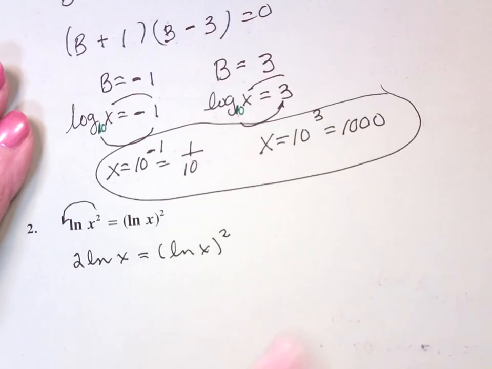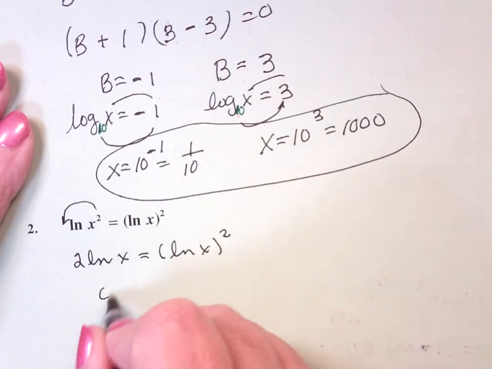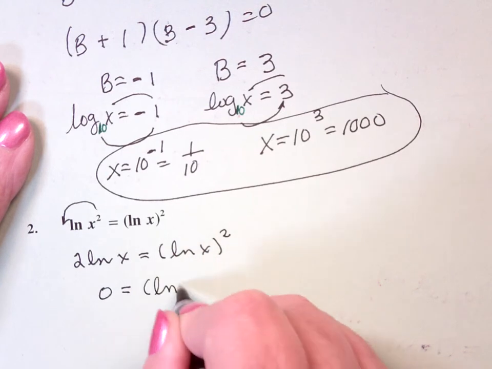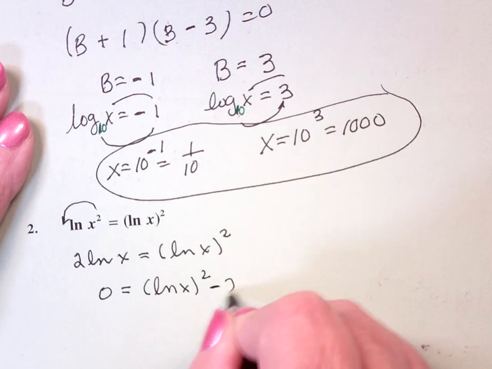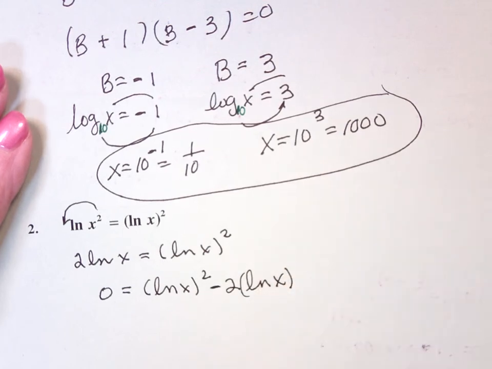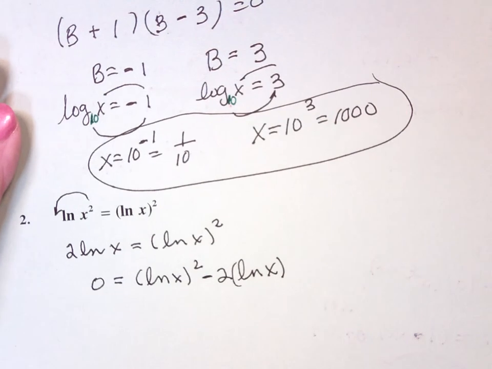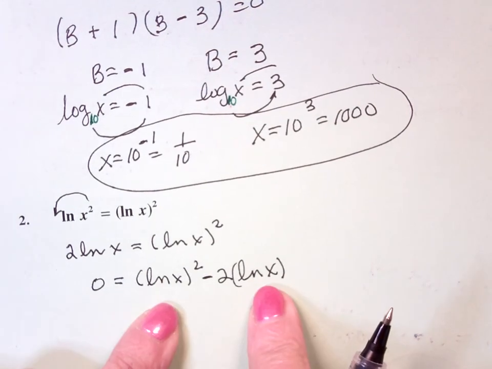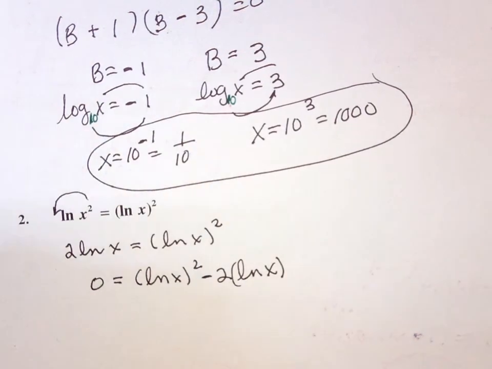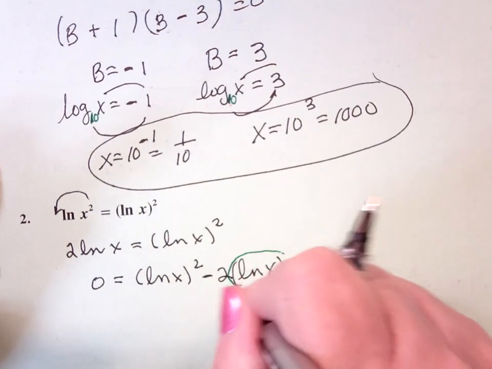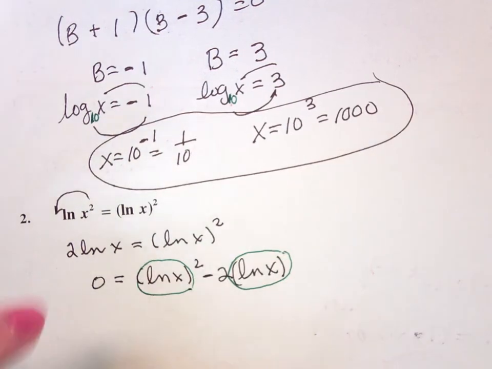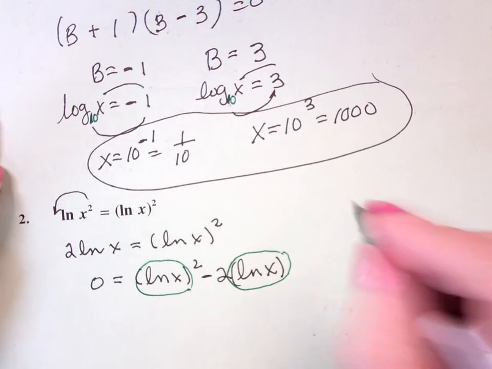So you're going to bring everything to the same side, 0 on the other. So 0 is the natural log of x squared minus 2 natural log of x. Now once you get used to these problems, you don't have to make a substitution. I can factor out a natural log x, but we're going to make a substitution because here is a blob and here is a blob squared. So it fits the substitution pattern.